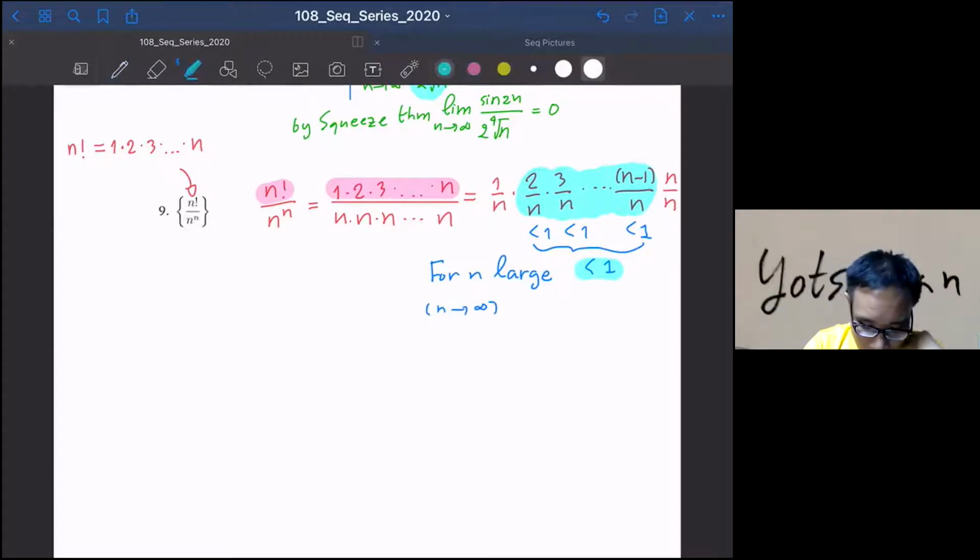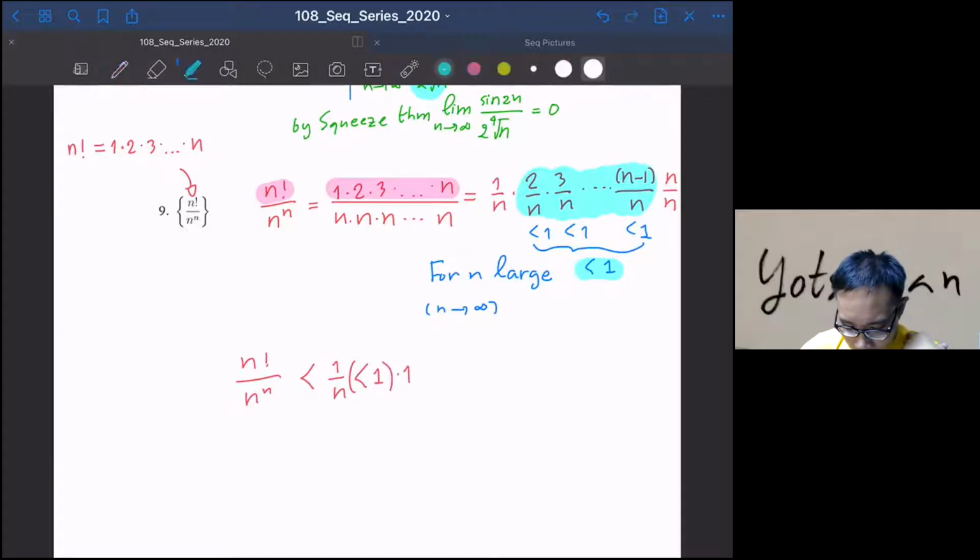So n factorial over n to the n will be less than, the first term is 1 over n, and n over n is equal to 1, so we multiply 1 over n by something smaller than 1, times 1.